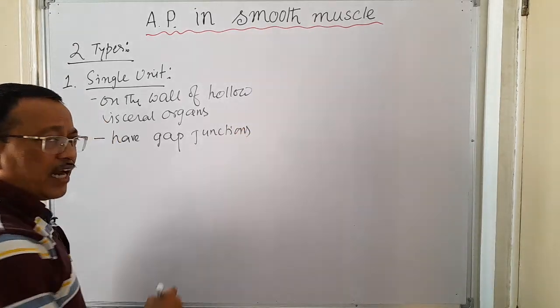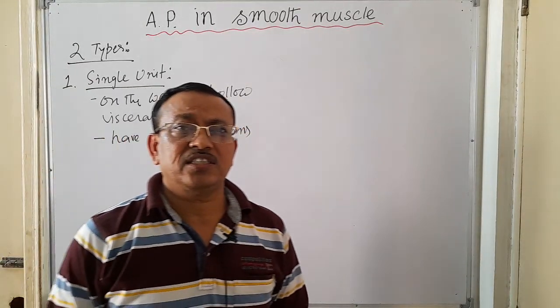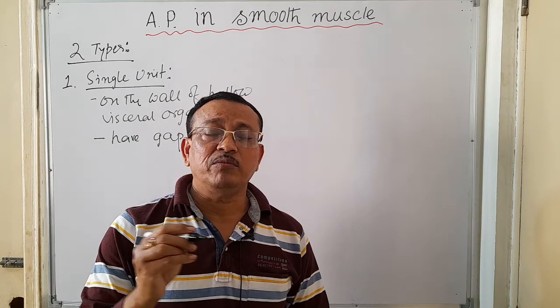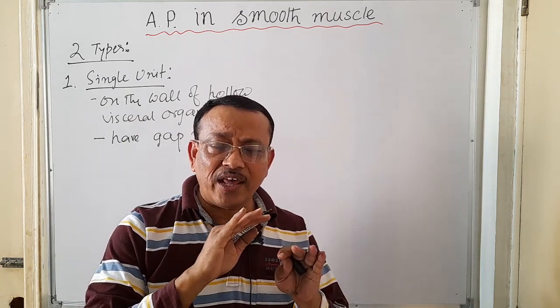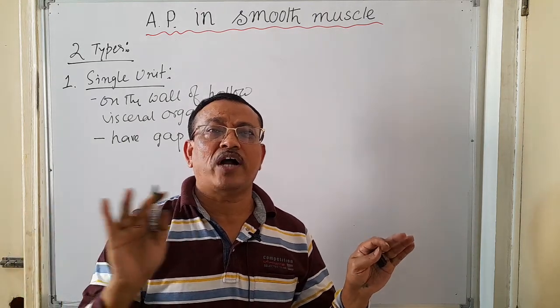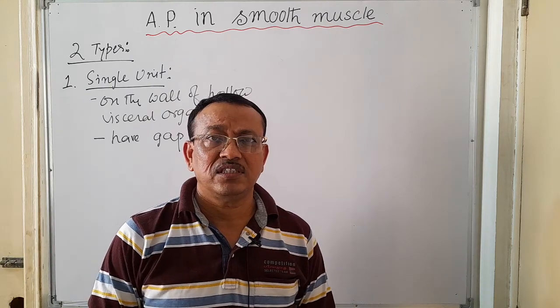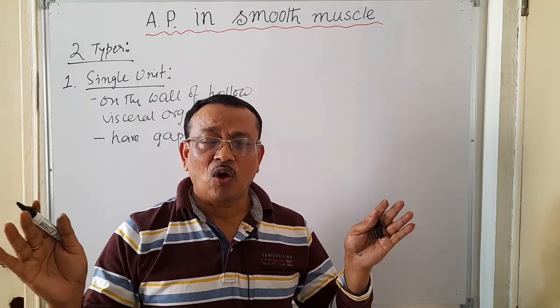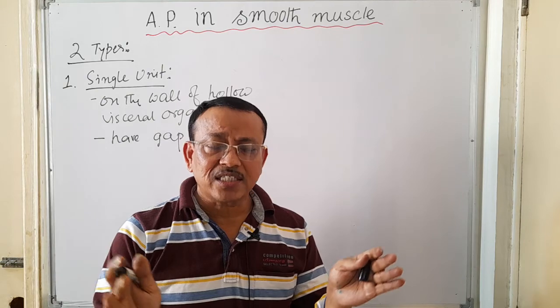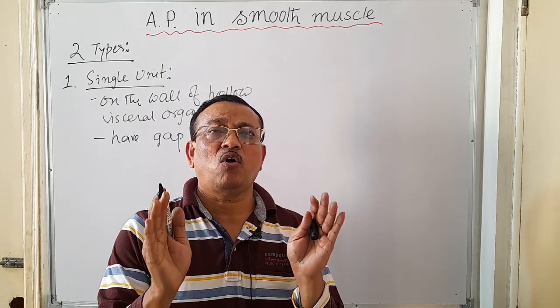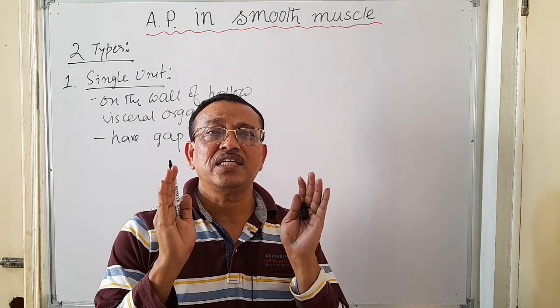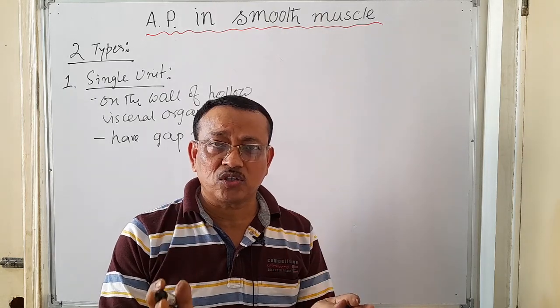And as you know, through the gap junctions, the action potential or the impulse can very rapidly pass from one cell to others. And thereby all the cells are simultaneously stimulated and simultaneously contract or give the response.